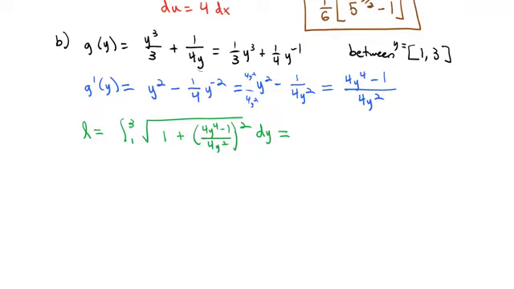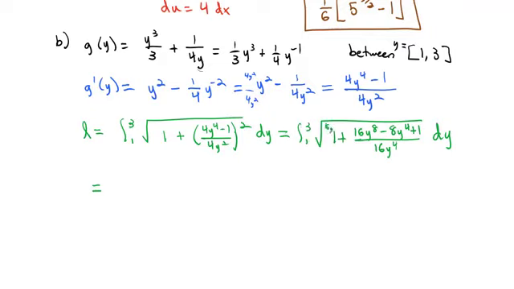Here's where the algebra becomes very helpful, because this is going to simplify quite nicely for us. First, when we square, we get the integral from 1 to 3 of the square root of 1 plus. Squaring the numerator will give us 16y to the 8th minus 8y to the 4th plus 1 over, squaring the denominator gives us 16y to the 4th, dy. Let's get this all under a common denominator. So we're going to multiply the 1 by 16y to the 4th over 16y to the 4th.